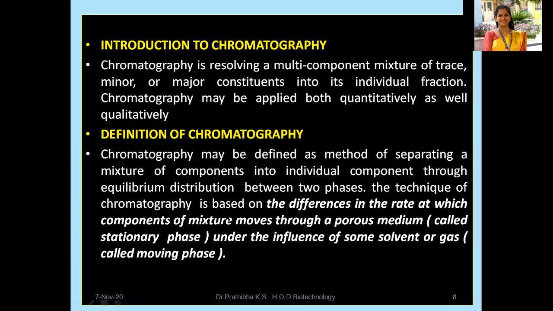The technique of chromatography is mainly based on the differences in the rate at which components of mixtures move through a porous medium, which is called the stationary phase, under the influence of some solvent or gas, which is called the moving phase, or mobile phase. Commonly we'll be using mobile phase. Hope you understood here. One is the stationary phase, the other is the mobile phase.